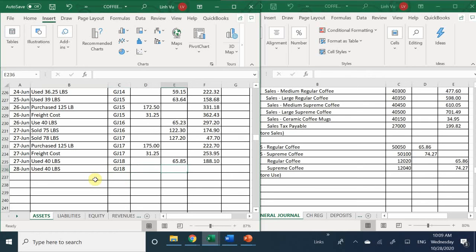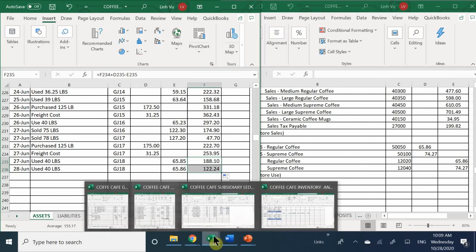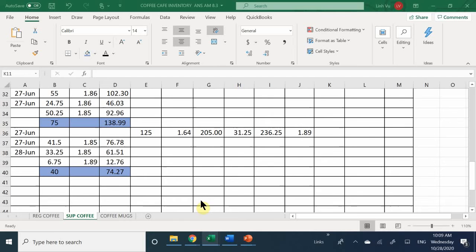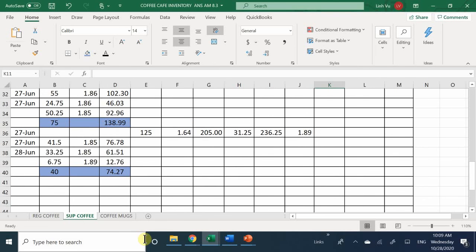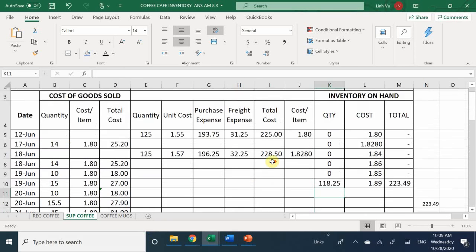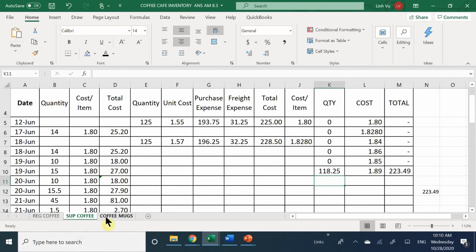Credit, 65.86. That should come to 122.24. Good. And does that match your inventory worksheet? Yes, 122.24. Good. And then this one is 23.49. Okay.